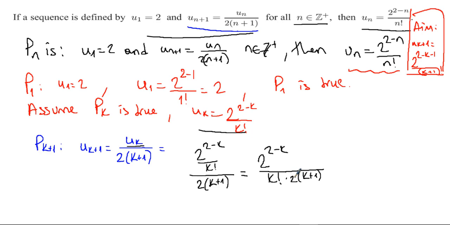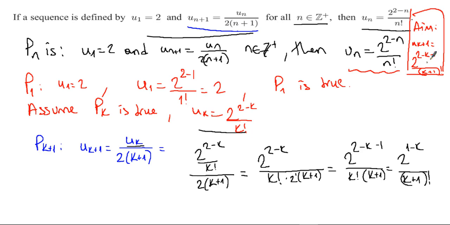And here I can take 2 out, because it's to the power 1, so it will be 2^(2-k-1) divided by k factorial times k plus 1. From here the numerator is 2^(1-k), and this denominator you can write as k plus 1 factorial, if you remember from factorials. And now we are done.